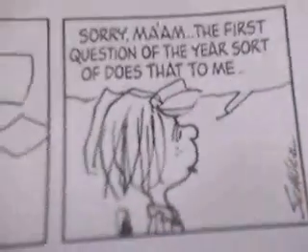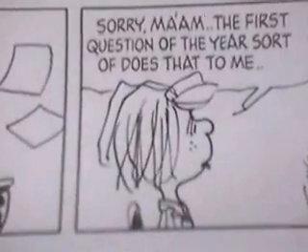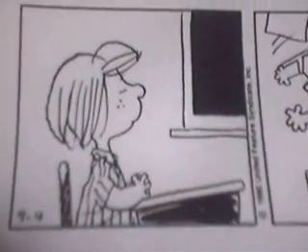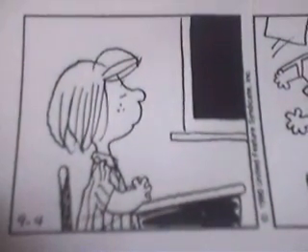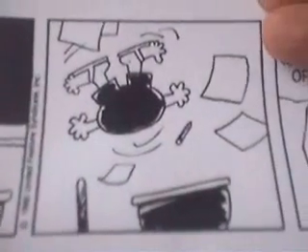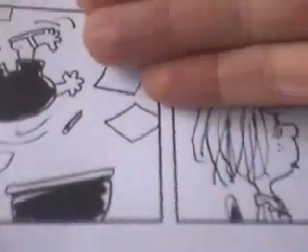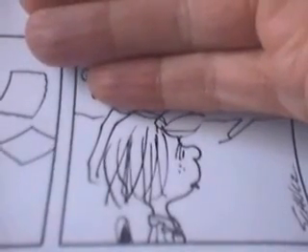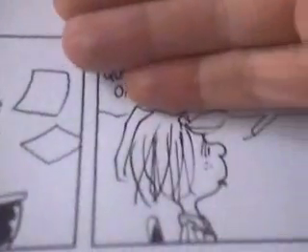So even if the text wasn't there, I think you'd still read the story because of the contrast between then and now.